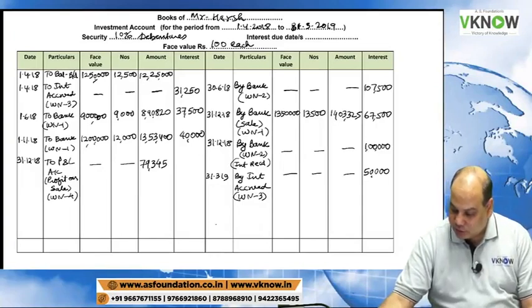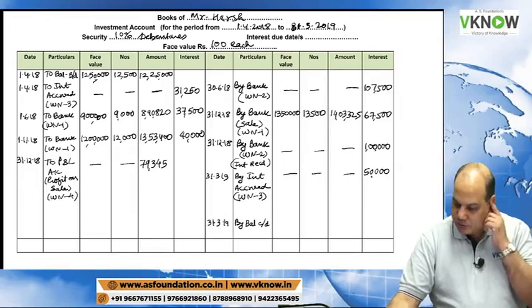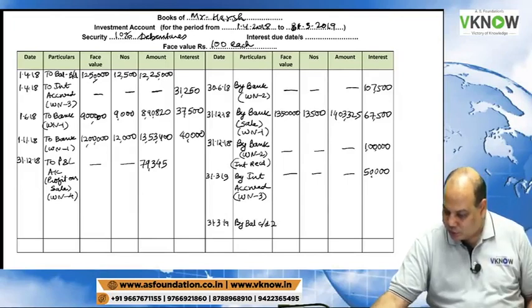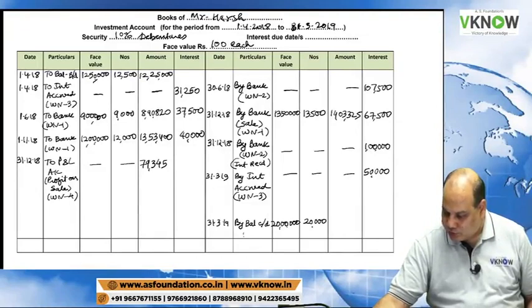Now on 31st March 19, by balance carried down, face value will be 20 lakh, quantity will be 20,000, and the closing investment we have valued in working note 5.